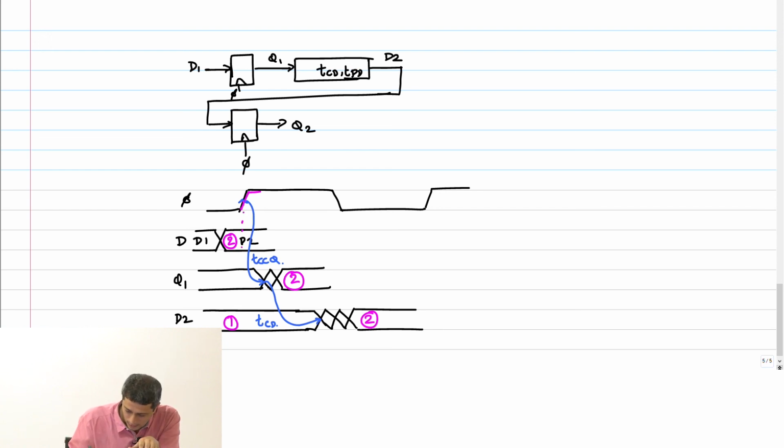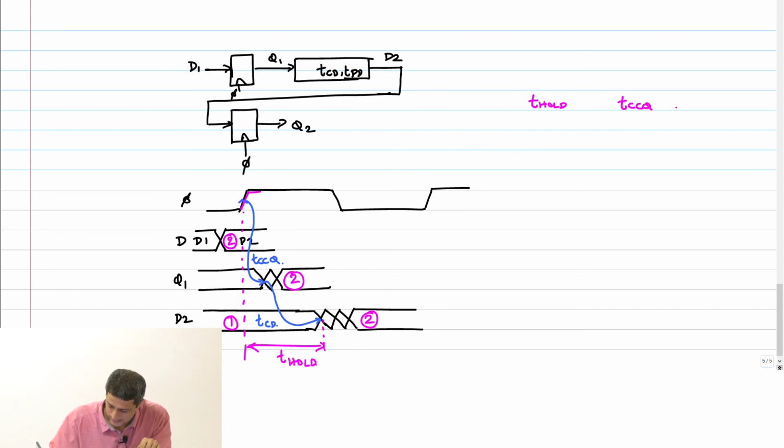This delay in the worst case should be T_hold. So I can now write T_hold, and I have two delays there, T_CCQ plus T_CD. What's the inequality?